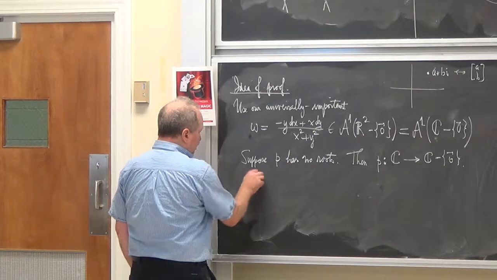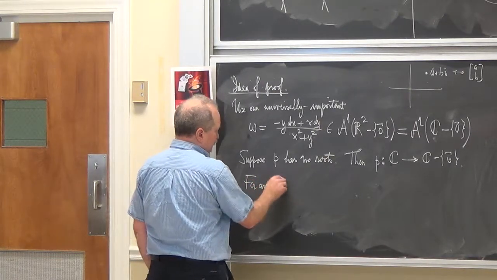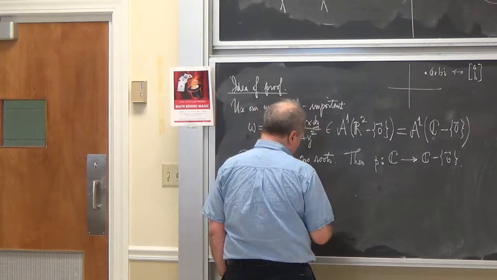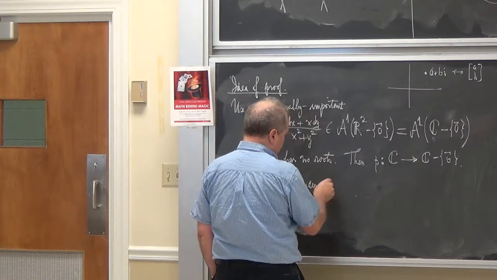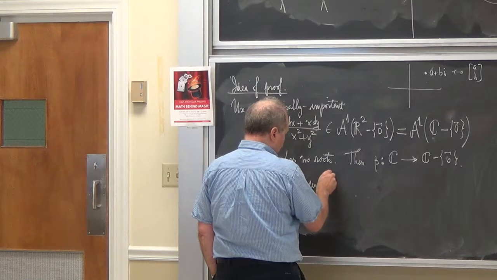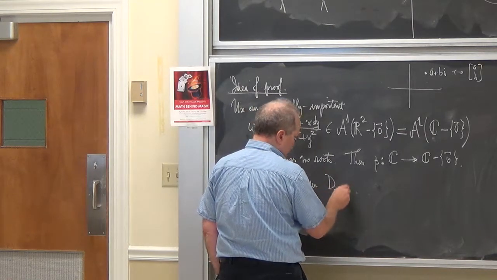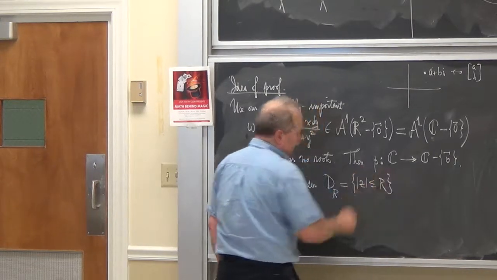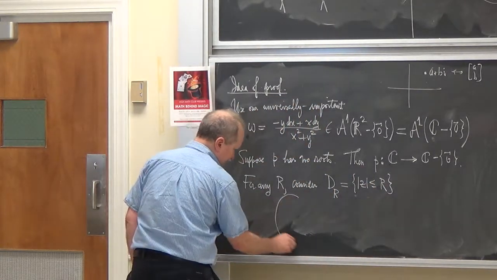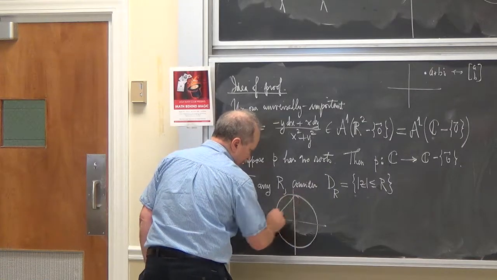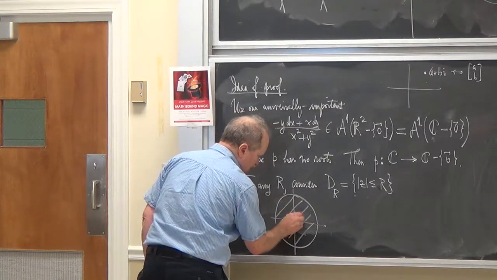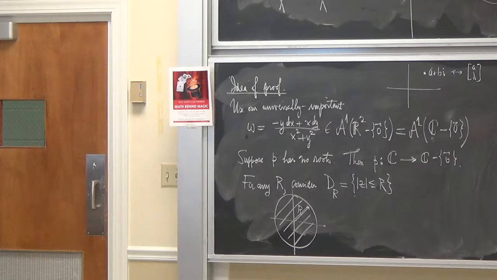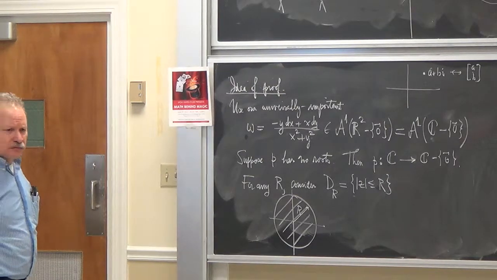Now, for any radius r, consider D sub r, which is the closed ball of radius r. So look at the disk of radius r centered at the origin. What is the absolute value?